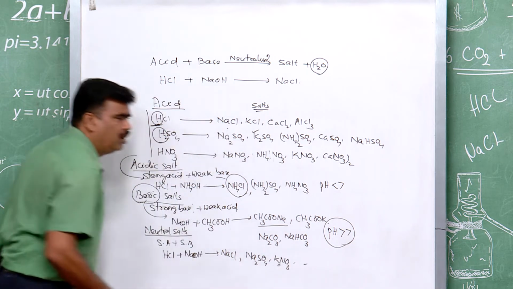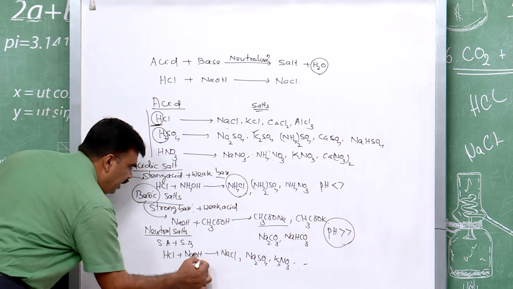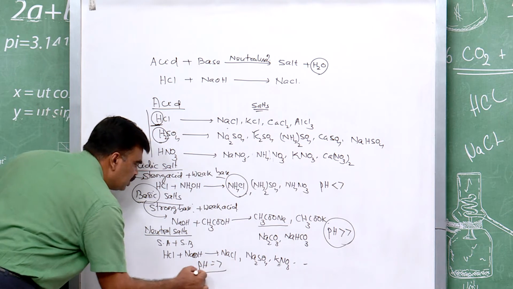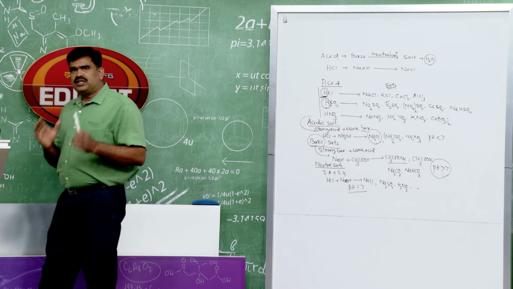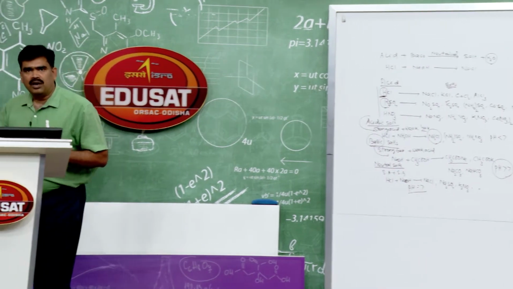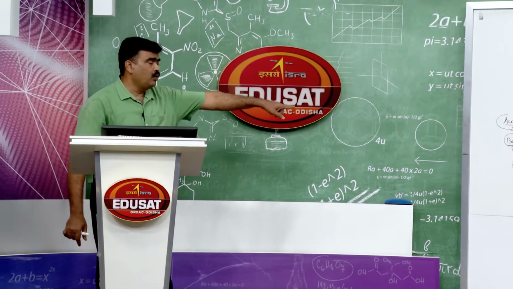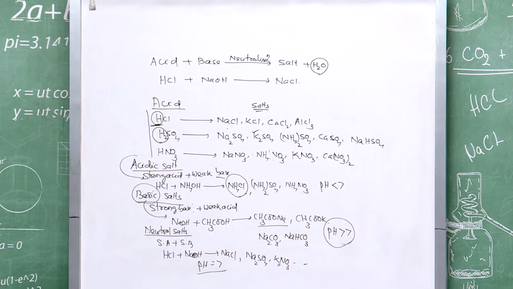These are all neutral salts having pH equal to 7. If you put them in water, you will see the pH of these solutions comes around 7. Also, weak acid and weak base, like acetic acid and ammonium hydroxide, give ammonium acetate. Of course, that is a buffer solution.